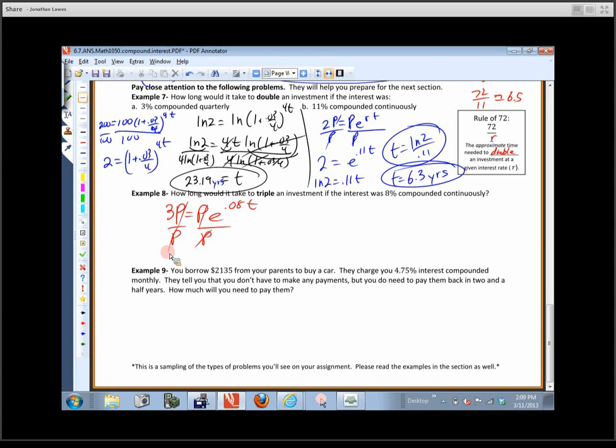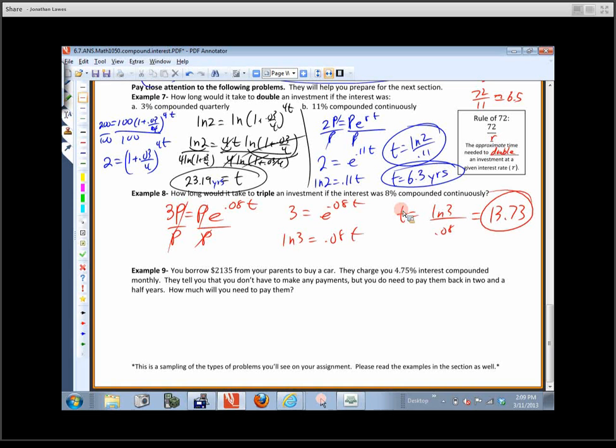If it's a triple, it's a 3, and so forth. So this is going to be 3 equals e to the 0.08t. So that's going to be ln 3 equals 0.08t. So t equals ln of 3 divided by 0.08. And approximately how many years is that? 13.73. So this is about like a stock fund.